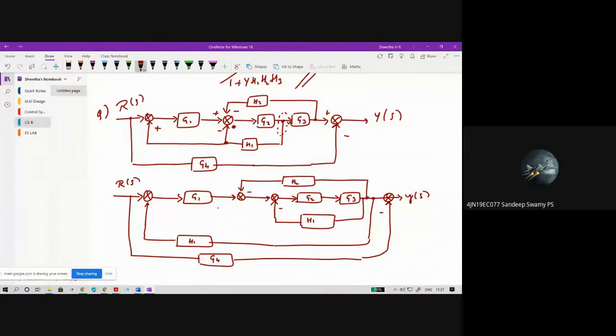Yes, sir. So once you shift this takeoff point from left to right, what is the alteration we need to do for this particular block? I have covered it at the start of the chapter. What should be done when going from left to right?